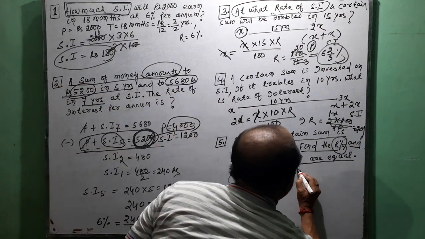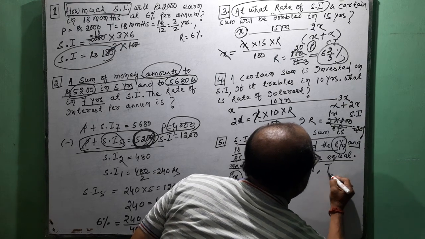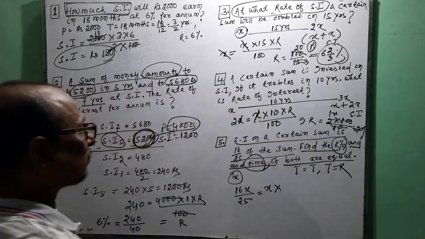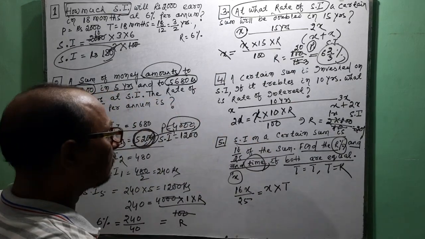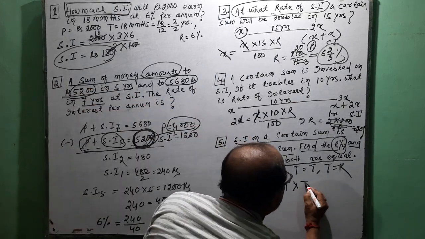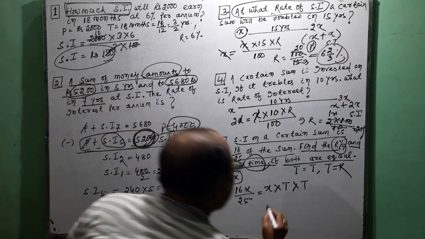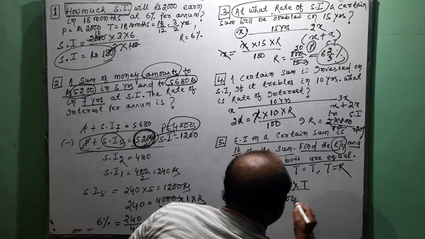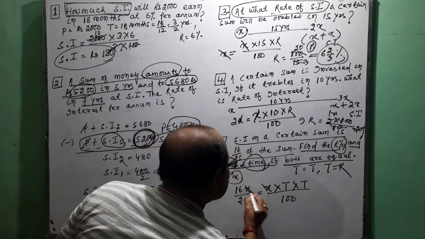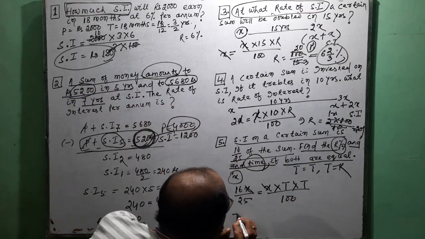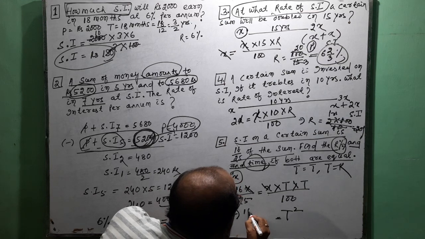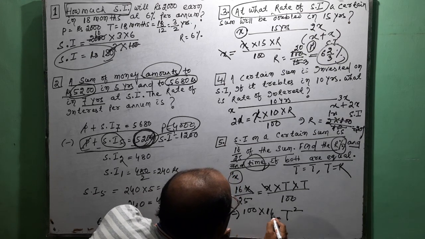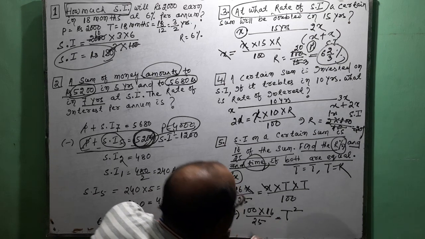Let T be equal to R. They are equal, so P into T into T by 100. X cancelled. Here T square is equal to 100 into 16 by 25.